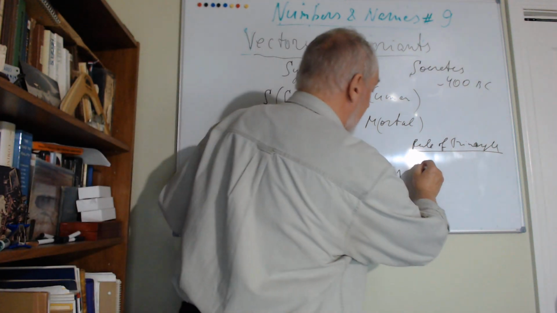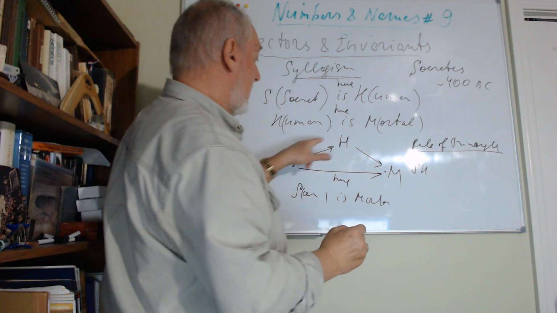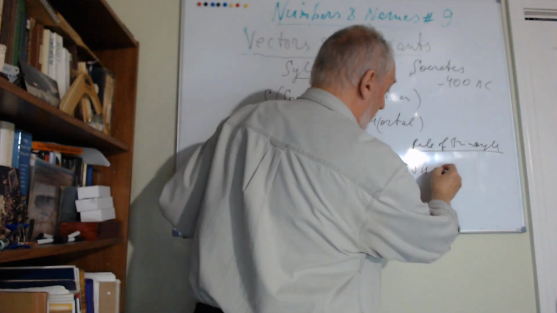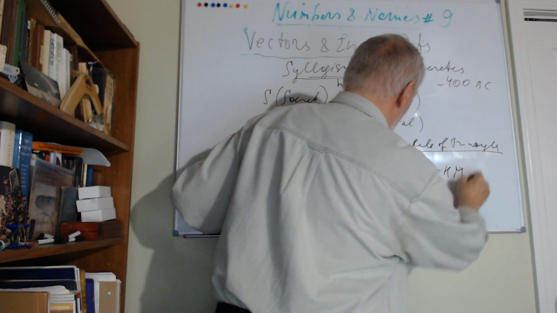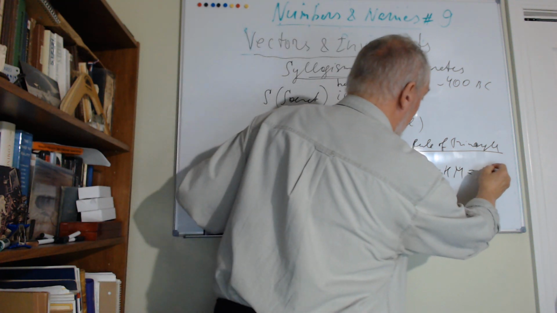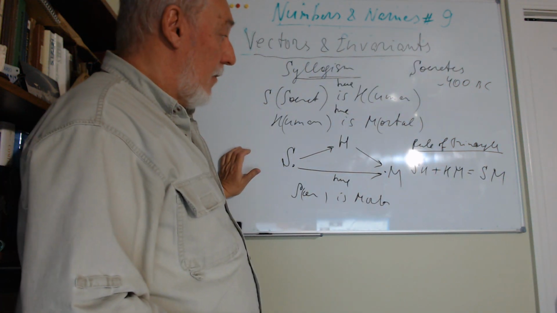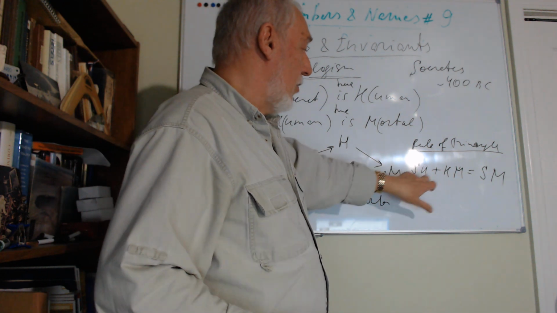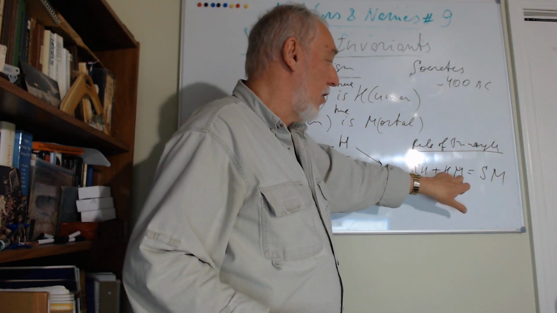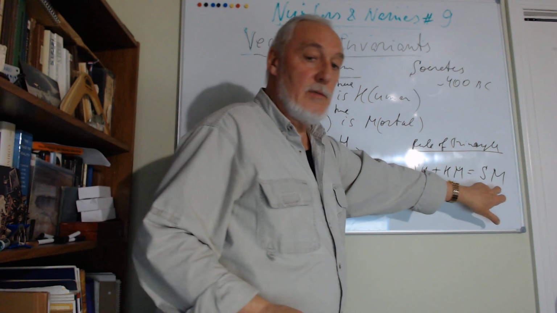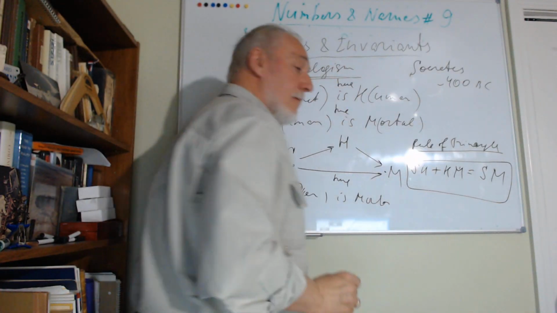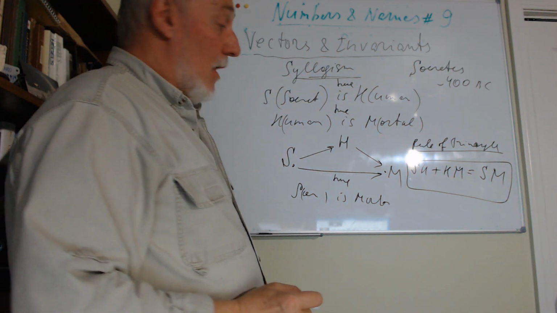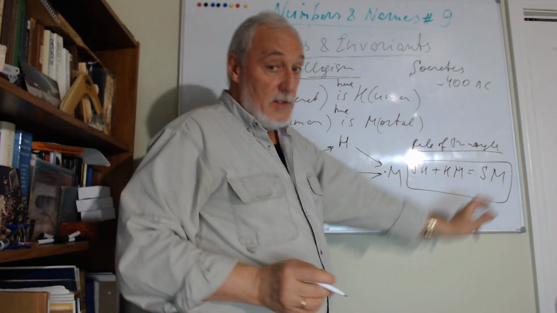Vector SH plus vector HM equals SM. Socrates human plus human mortal equals Socrates mortal. And this is the algebraic form of syllogism. This is true for any vector.